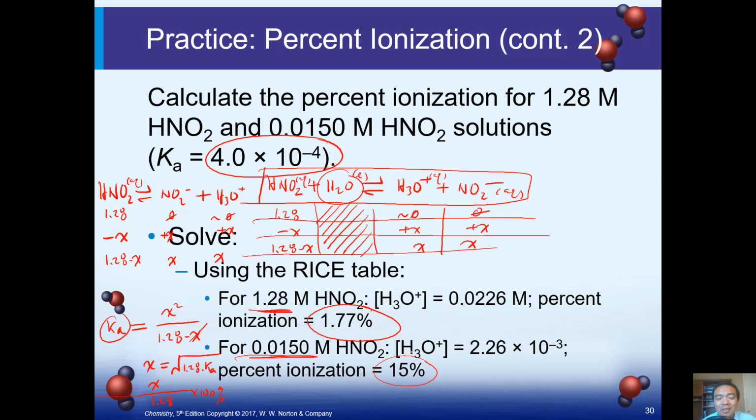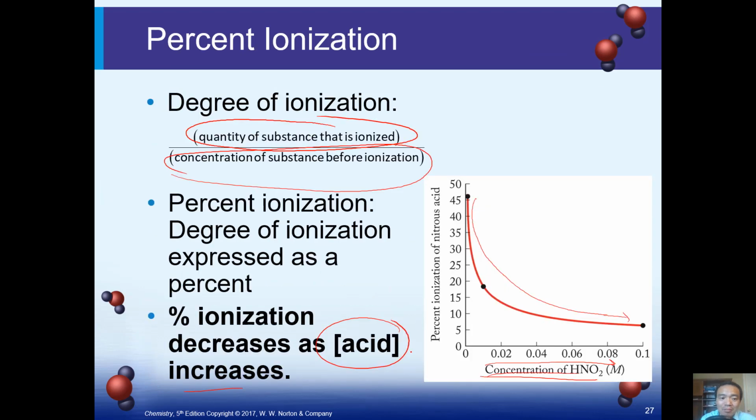So basically this calculation shows you one thing we already showed you in this diagram, that tells you when the concentration of the acids increase, okay, the percent ionization actually decreases. When the acid becomes more diluted, the percent ionization actually increases.